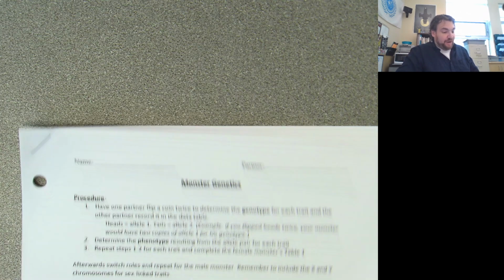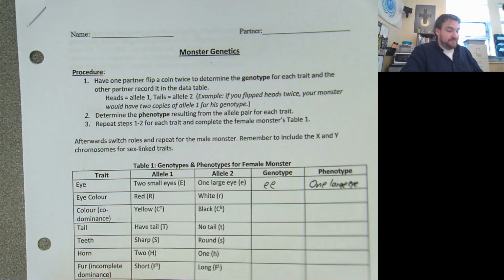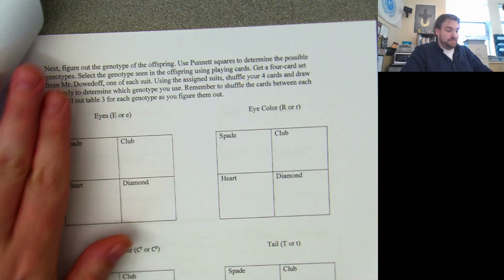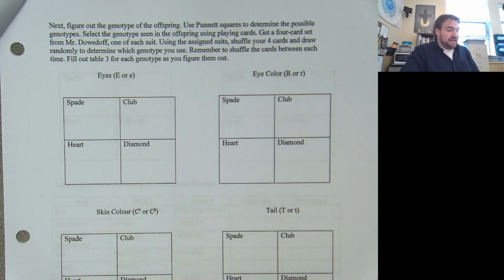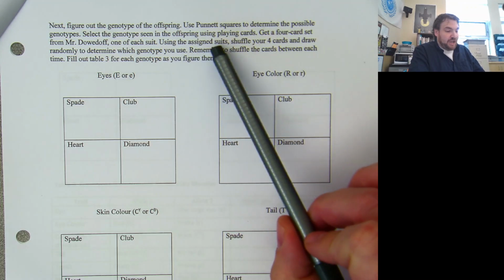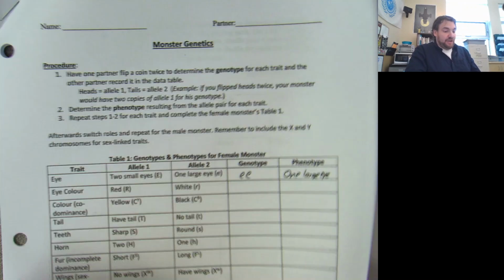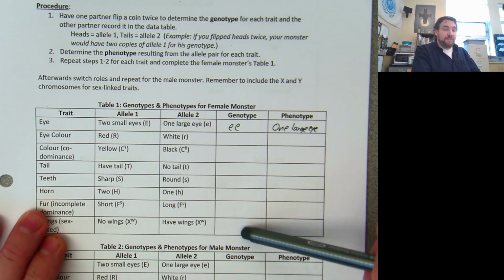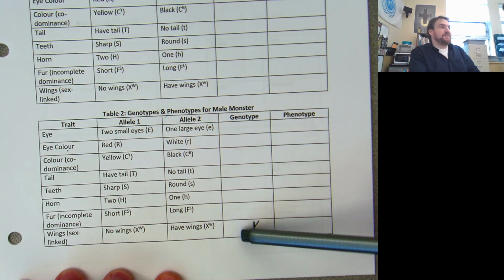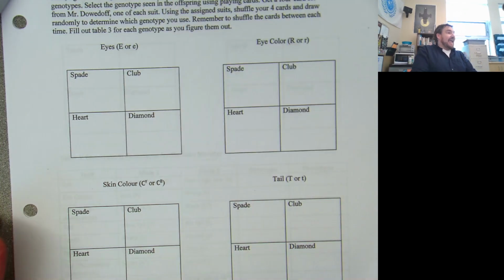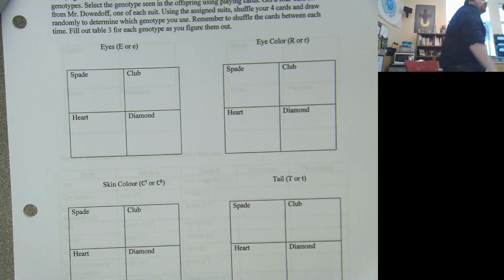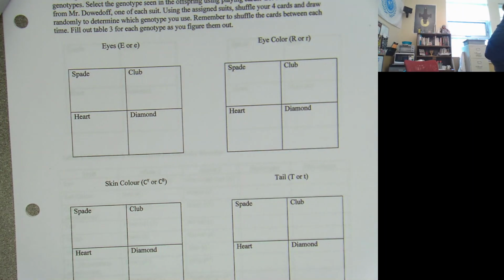Then for every single one of these traits, you're going to figure out what the offspring is going to look like. Next, figure out the genotype of the offspring. You'll have a selection of genotypes for mom and for dad, and you're going to put those on every single one of these, and then you're going to get 4 cards. You're going to get a card for each suit.